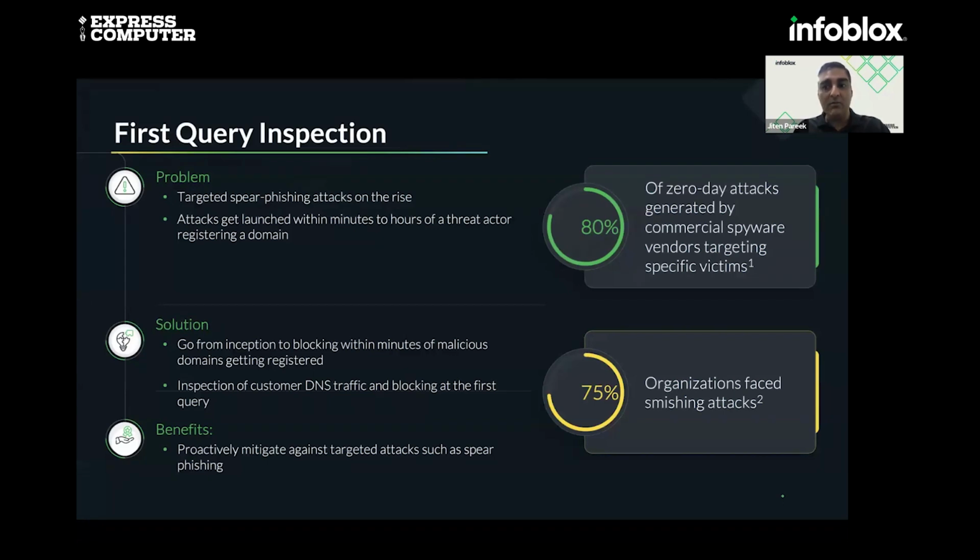There are zero-day attacks generated by commercial spyware vendors targeting specific victims or financial organizations, and almost 75% of organizations face phishing attacks. I'll tell you that 92% of malware communication happens through the DNS protocol, and that is the reason breaches nowadays happen more frequently despite the adoption of greater security solutions.